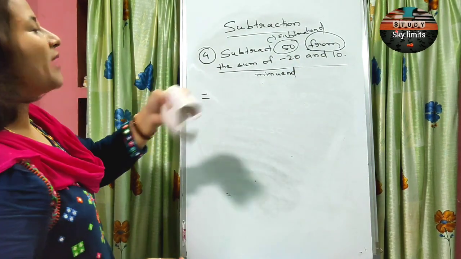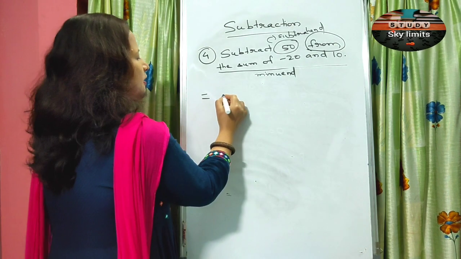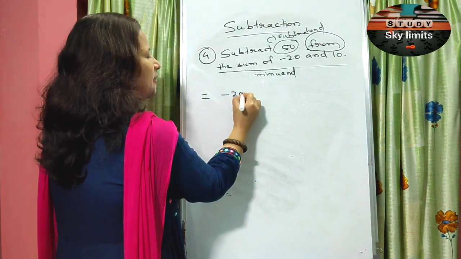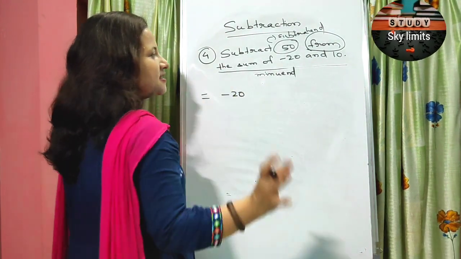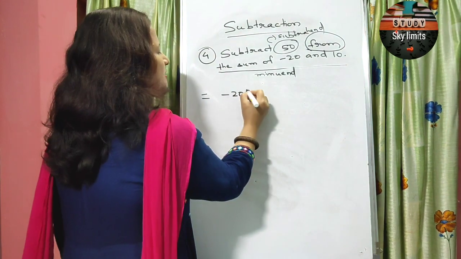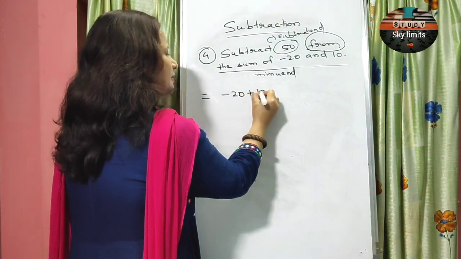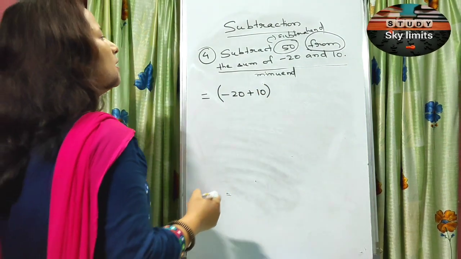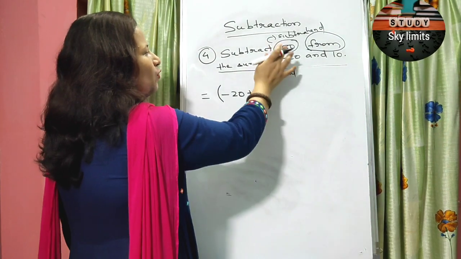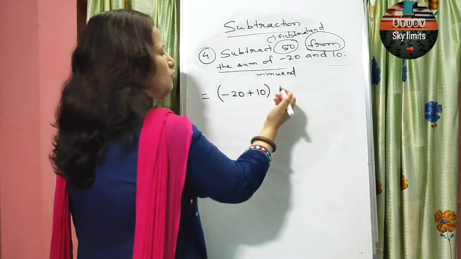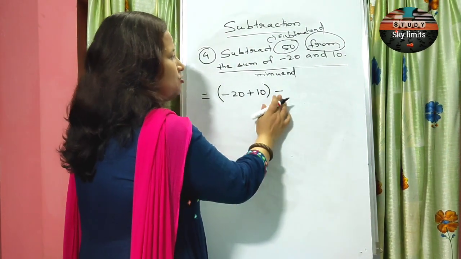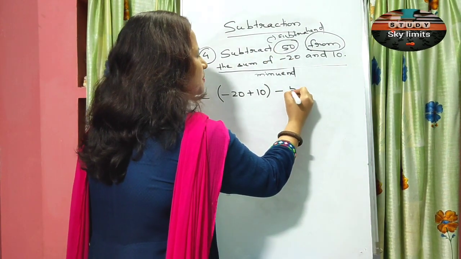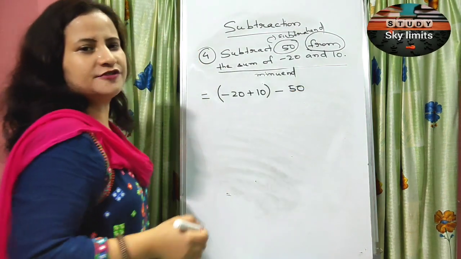Minuend is the sum of minus 20 and 10. So since it is a sum, we are going to add. So minus 20 plus 10. The sum of these two, we are going to subtract what? 50 from it. So minus for subtraction, and 50 is a positive number. So simply write 50 here.